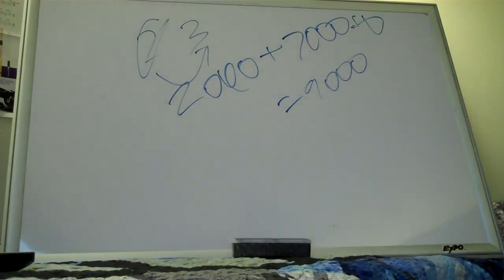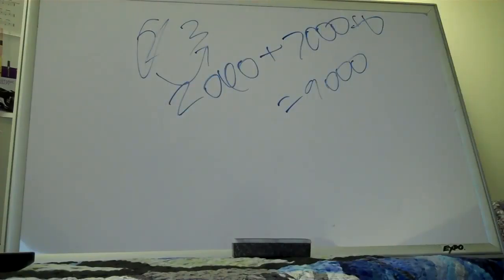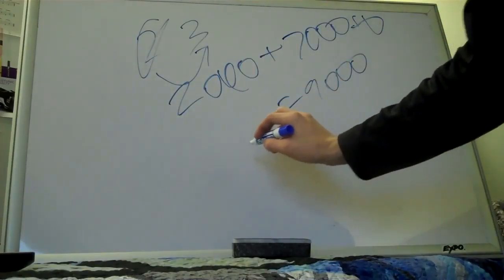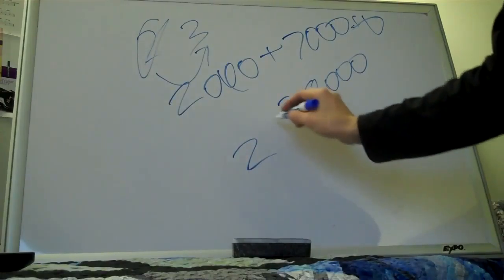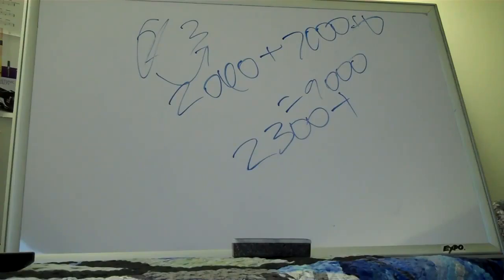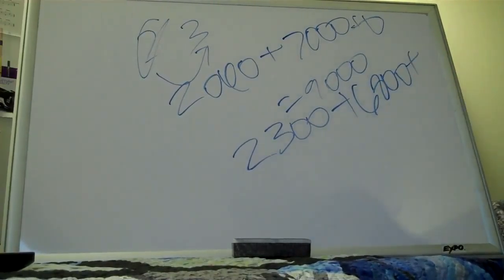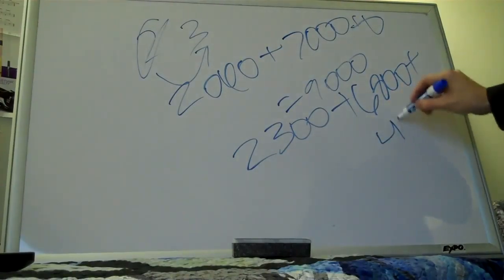Or if you want to round to the nearest 100, then you look at the 3 instead of the 2. In this case, the 4 does not round up the 3, so you get 2,300 plus 6,782. You look at the 7, to the right is the 8, which rounds it up, 6,800, plus to the nearest 100, of course, that would be 400.